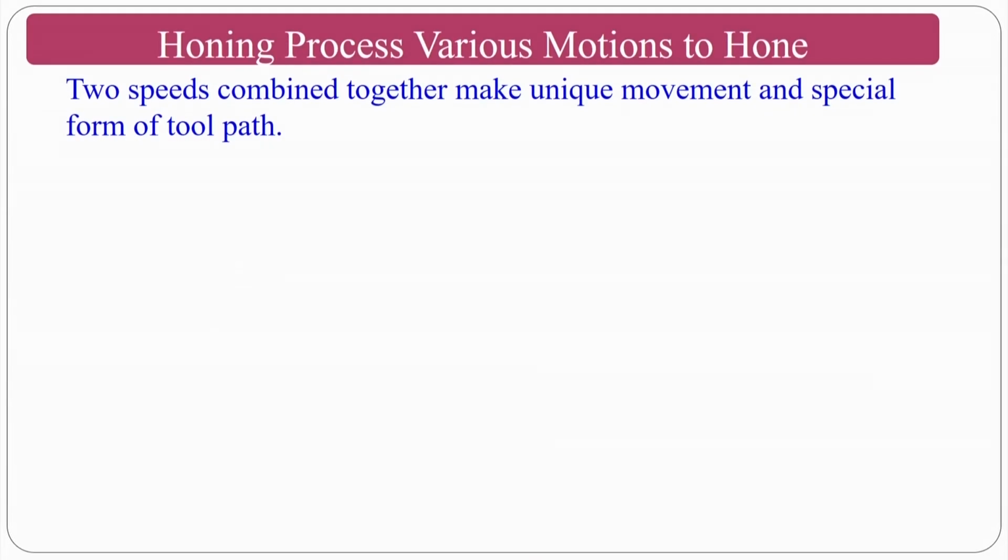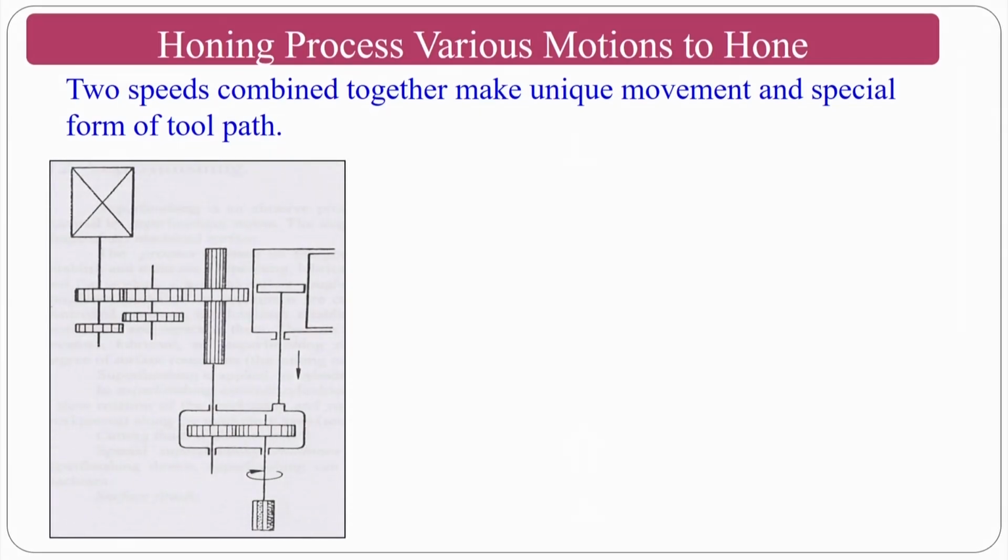The honing process has various motions; if you see the two speeds combined together, how are they generated in a conventional way? Previously, with gear systems, the input is given here for the rotary motion. These are two gears which are rotating, this intermittent gear rotates another gear, and this has a connecting motion here, which in turn rotates this gear system, and this is the hone.